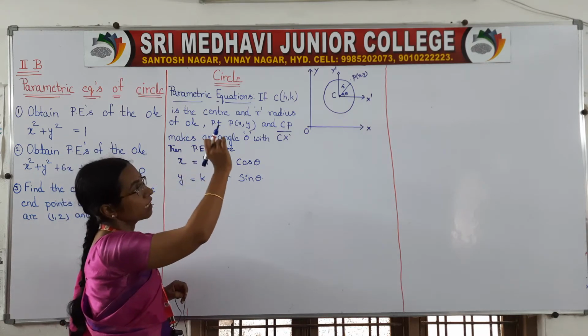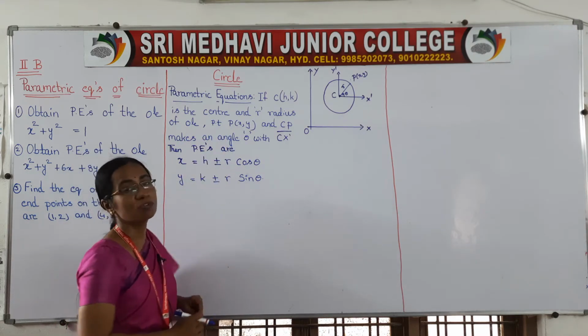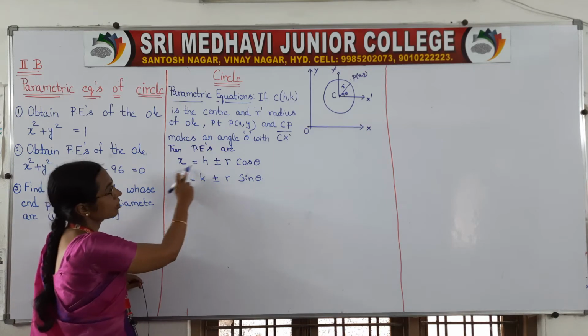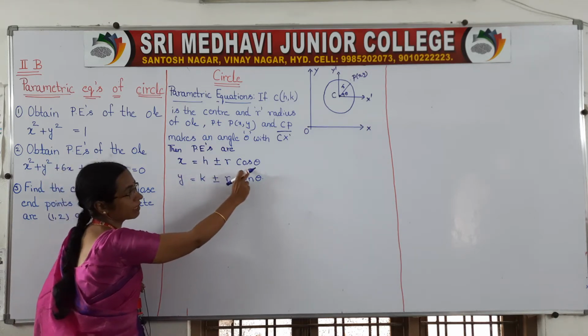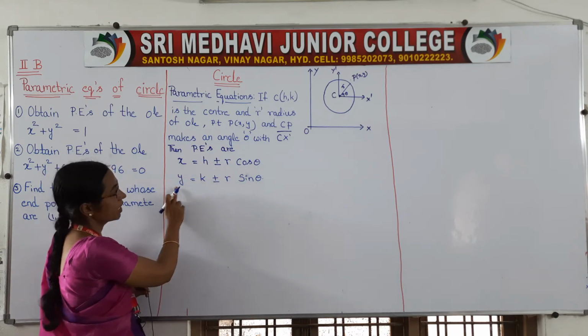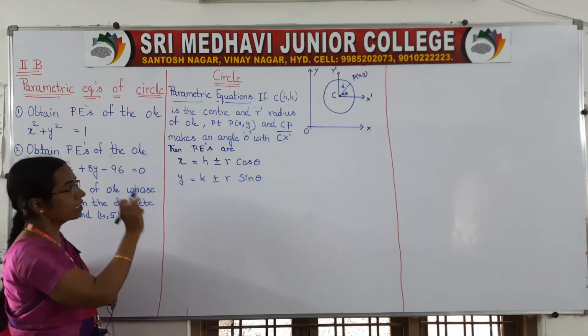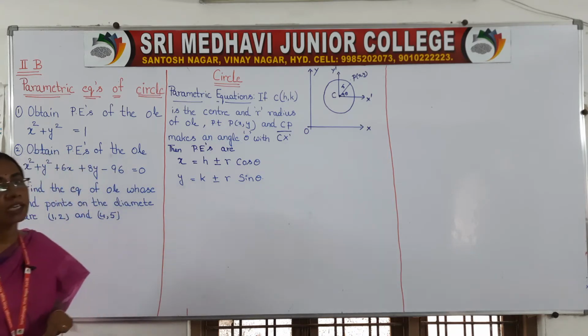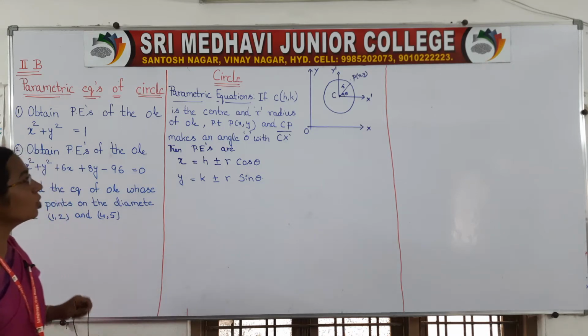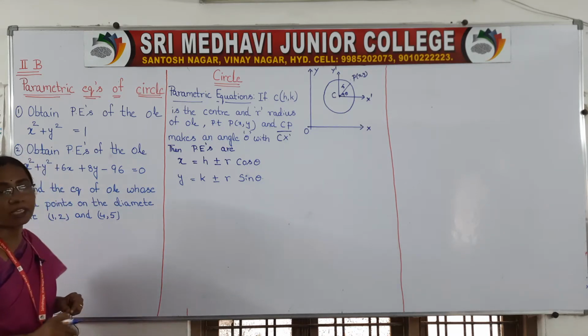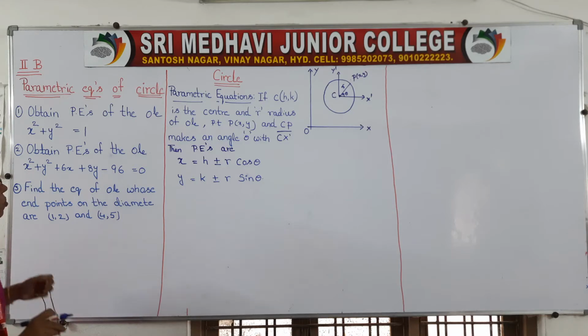Then we can denote x and y values in terms of theta. So x is equal to h plus or minus r cos theta and y is equal to k plus or minus r sin theta. These are called parametric equations. So by using these parametric equations we will solve two problems.